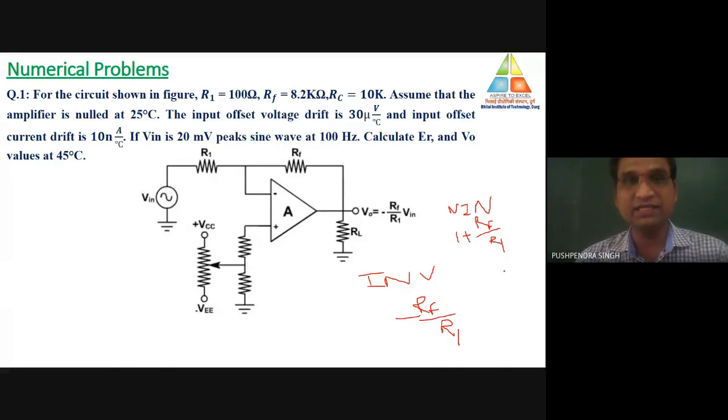So whenever there is a question related to a non-inverting amplifier, output will be 1 plus RF by R1 plus minus error voltage EV.